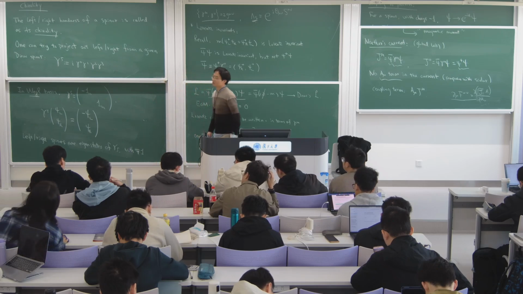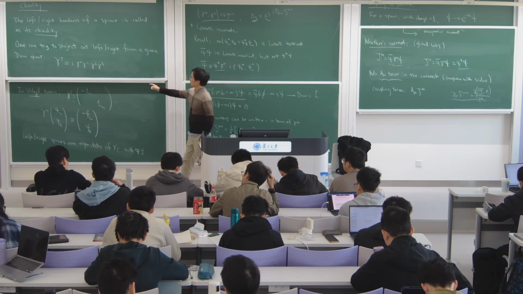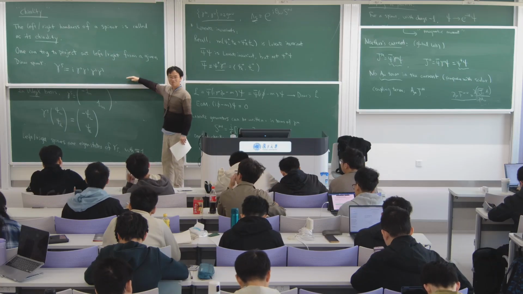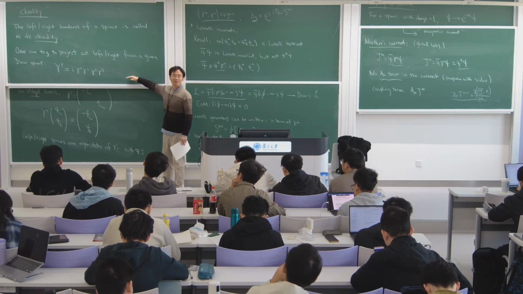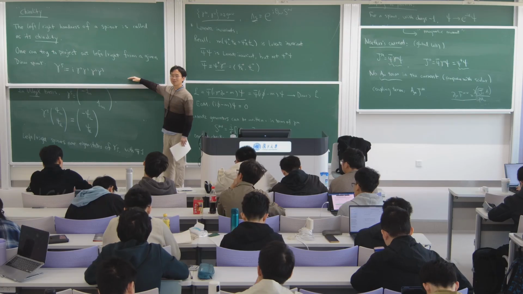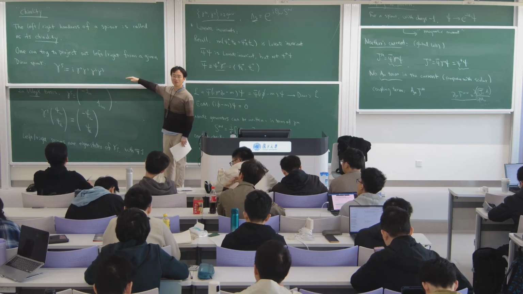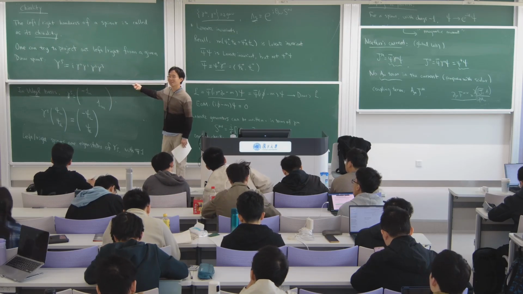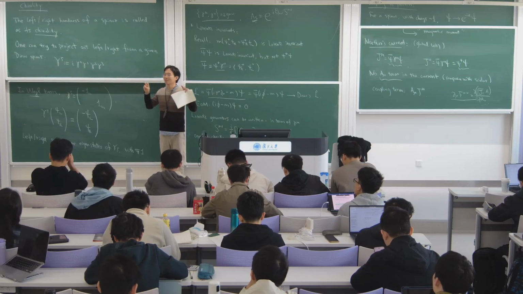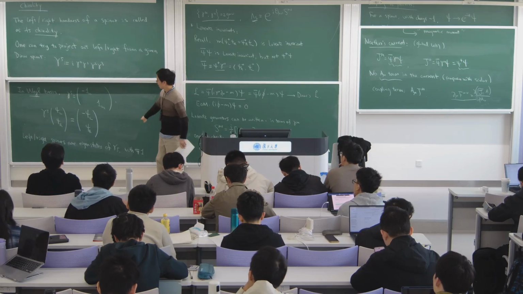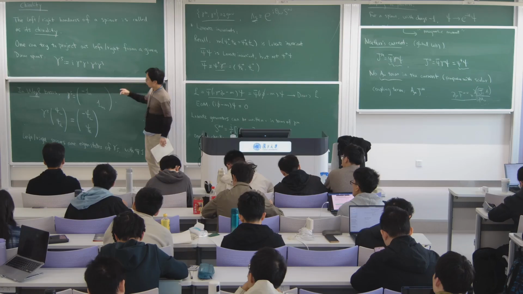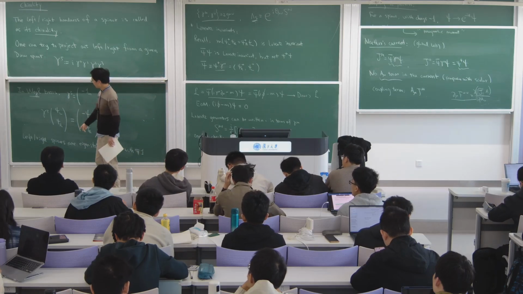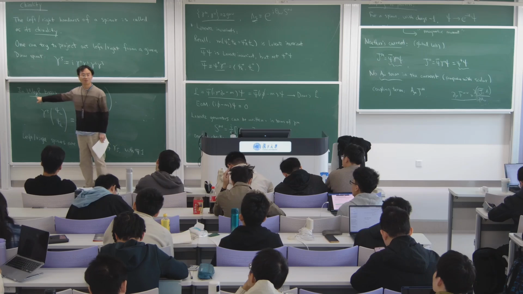Let me repeat the logic again. We want to make every statement or discussion in a general way that does not depend on the representation. But in order to understand how it works, we always want to see something explicit, so we write everything in terms of some particular base.